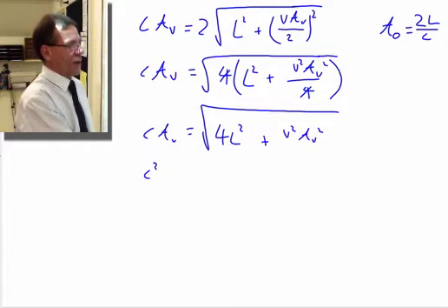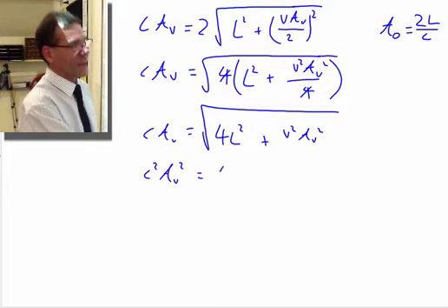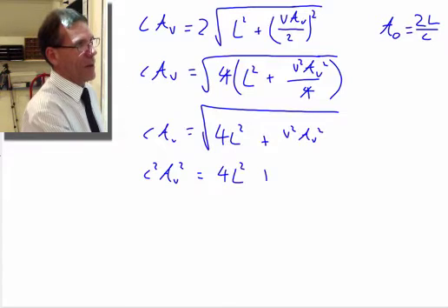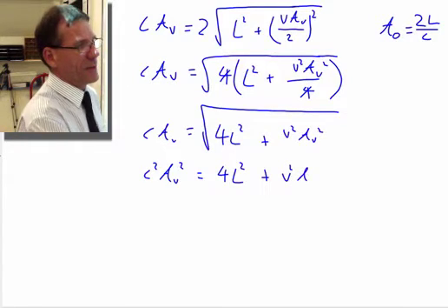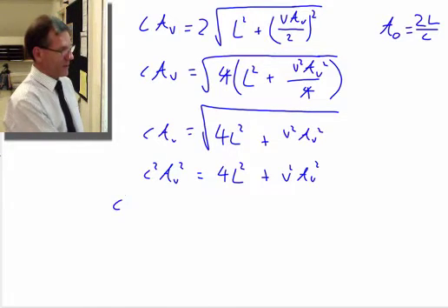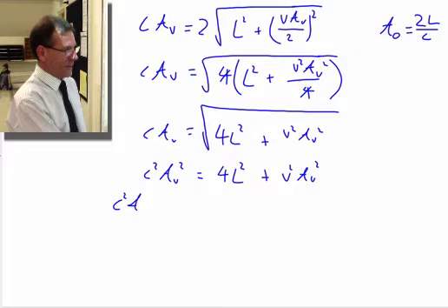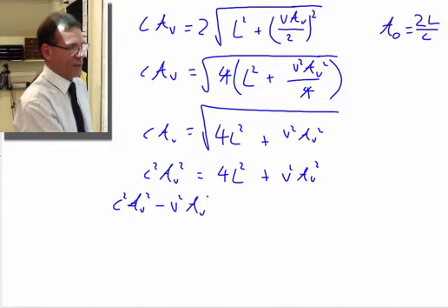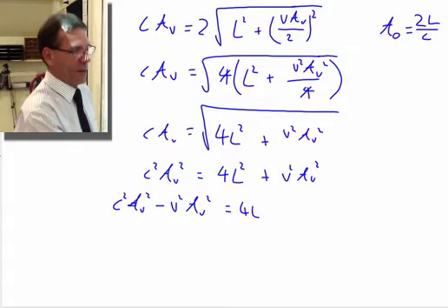Let's square both sides to get rid of that square root bracket. I'm going to take that last term over to the left-hand side, so C squared TV squared minus V squared TV squared equals 4L squared.